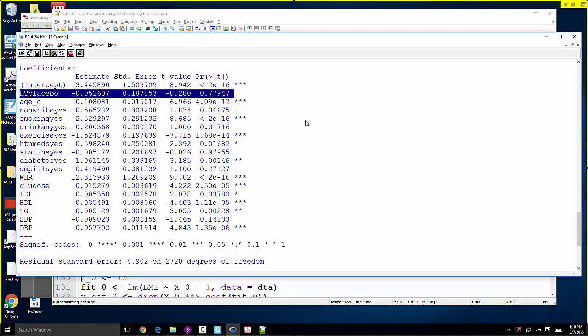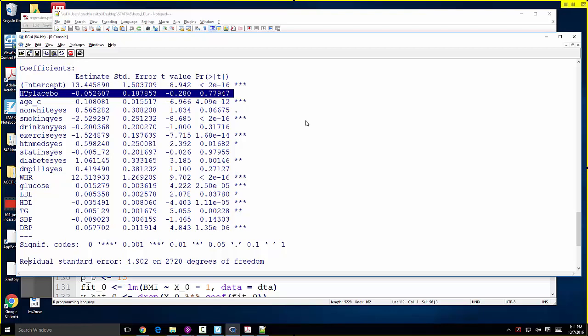If you had enough data in all these different categories, what the coefficient estimate for placebo would be is go estimate the placebo to treatment difference in those with this age and this non-white status, smoking status, everything else. Then go estimate the coefficient among a different collection that's defined by your covariates. If you could estimate beta 1 for every combination of your covariates, then beta 1 hat would end up being a weighted average of all of those.